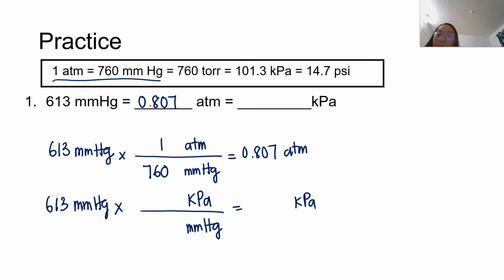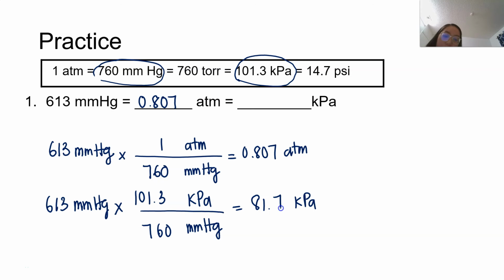Now I'm filling in my fraction: 760 millimeter mercury is equal to this much kilopascal. So I'm going to fill that in with 760 at the bottom and 101.3 at the top. After I put that into the calculator, I should get 31.7 kilopascal.